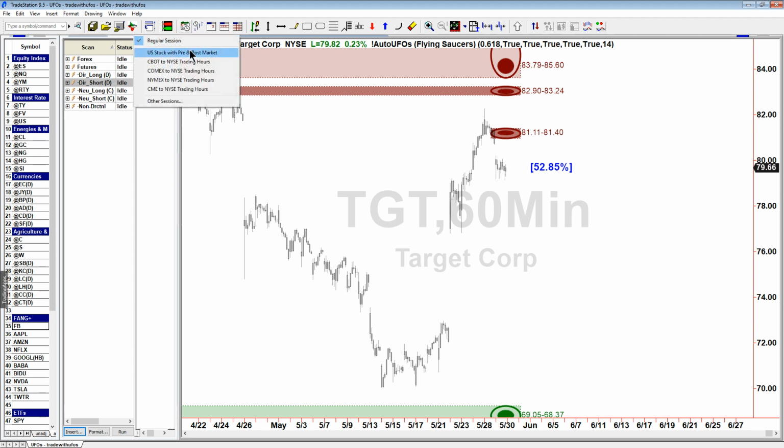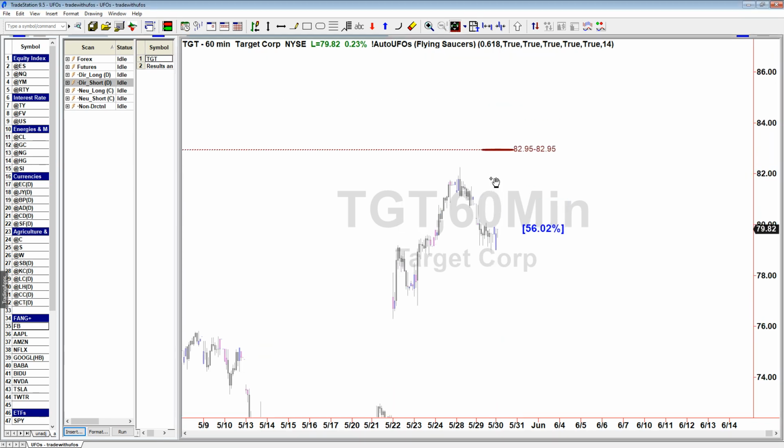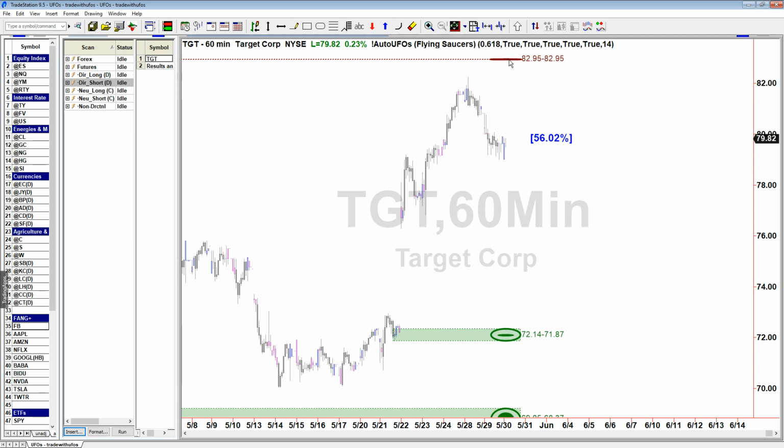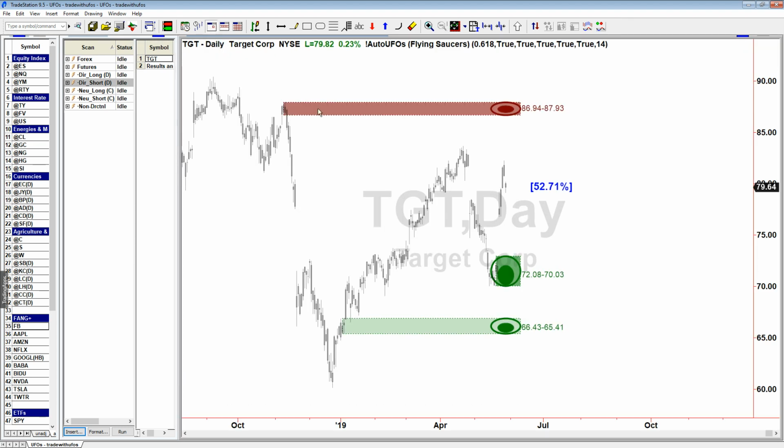Using regular session data with pre and post market, we got 56. Nice probability. Normally stocks don't give such high probability. And we got a red UFO right here at 82. So 82, 83, it's quite far from 79.82, which is the current price. So it's not too close, but at the same time you have UFOs in multiple places in the 60-minute time frame, both in regular trading hours and also pre and post market.